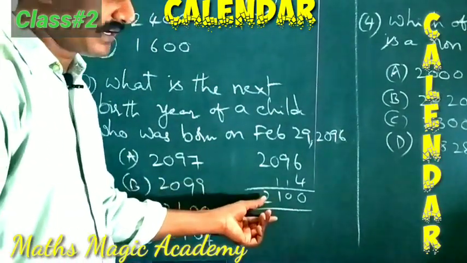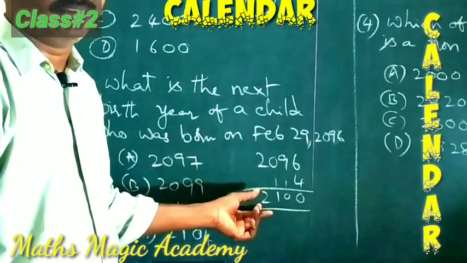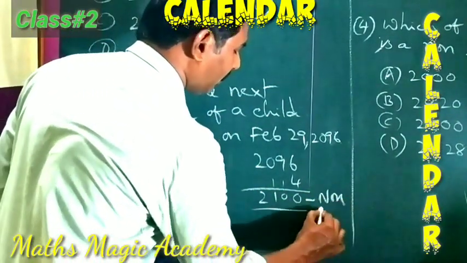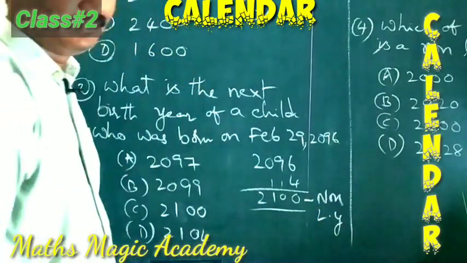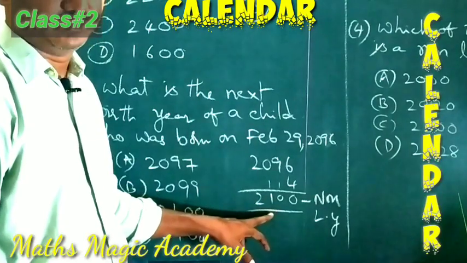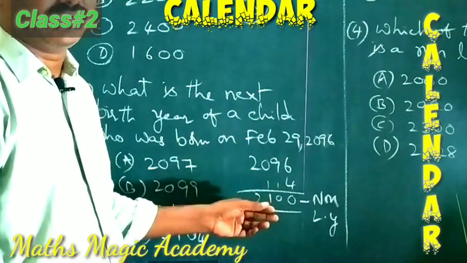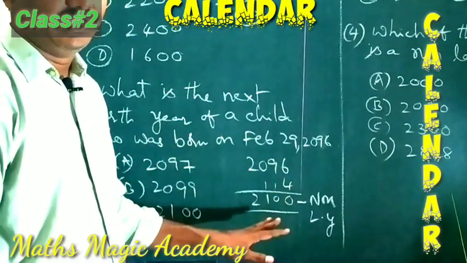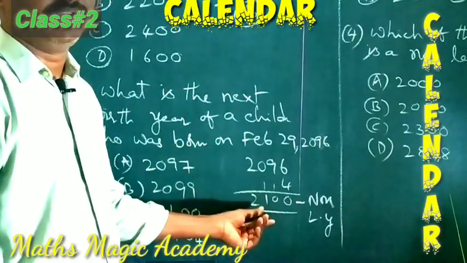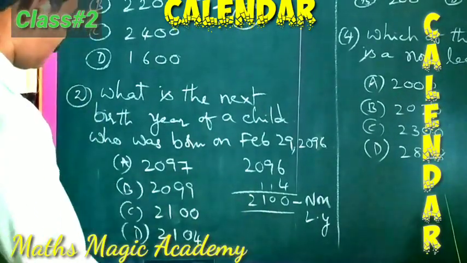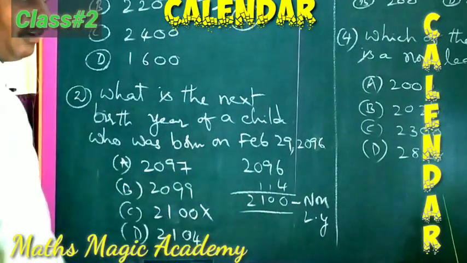But is 2100 a leap year or a non-leap year? It is a non-leap year. Why? Because it is not a multiple of 400. Every century year, only if it is a multiple of 400, can we consider it a leap year. Otherwise, it is a skipped leap year. 2100 is a skipped leap year, so 2100 is not the answer.